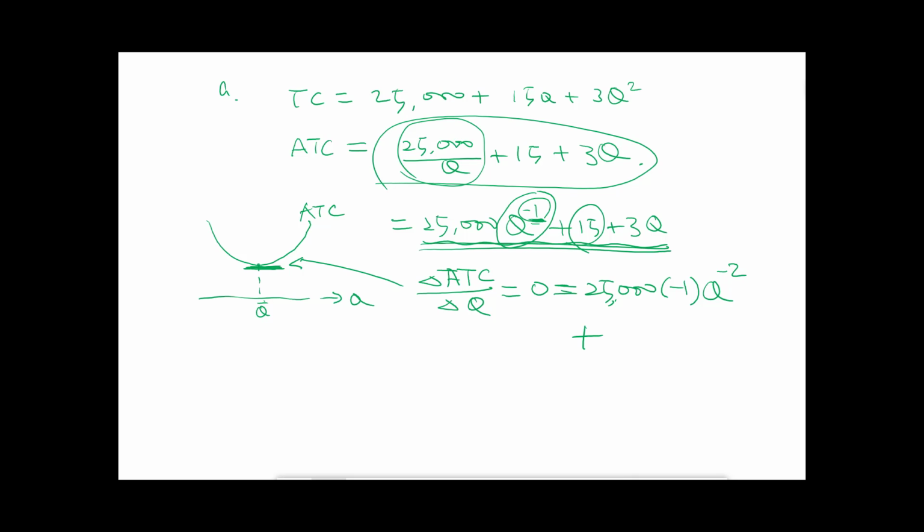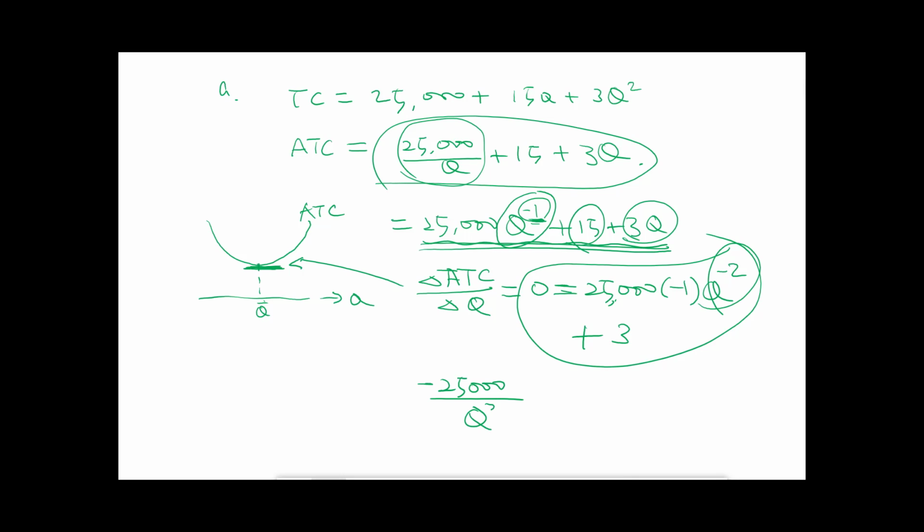And then 150 is constant, so it disappears. 3 multiplied by Q: if you apply delta Q to 3Q, you have 3. So that's it. So it says 25,000 minus, right? And Q power minus 2 is the same as 1 over Q square, equal to 3, equal to 0.